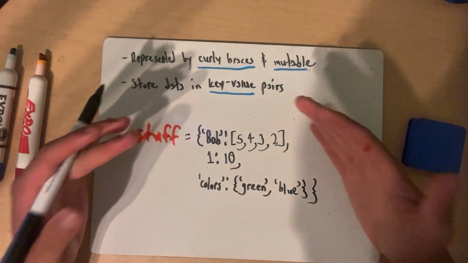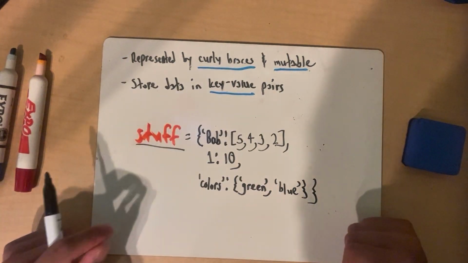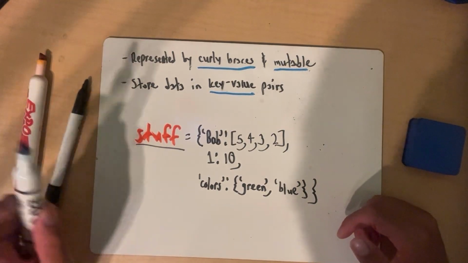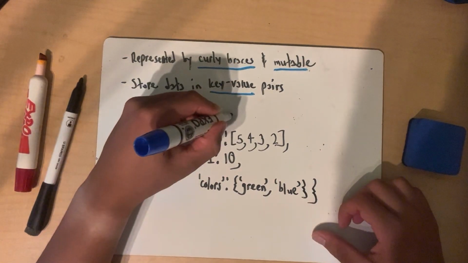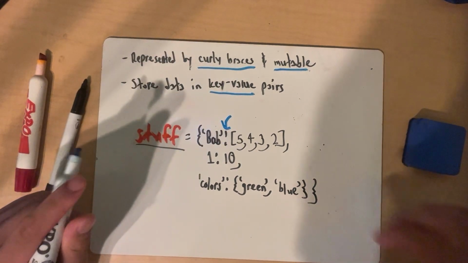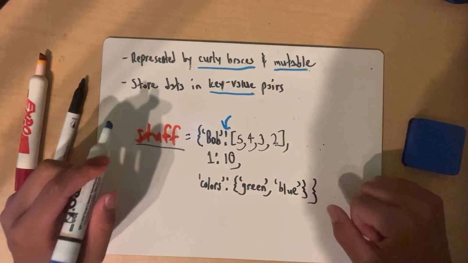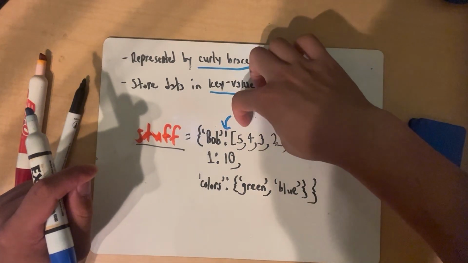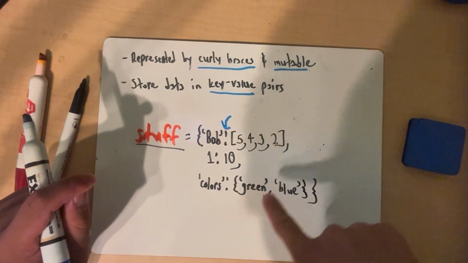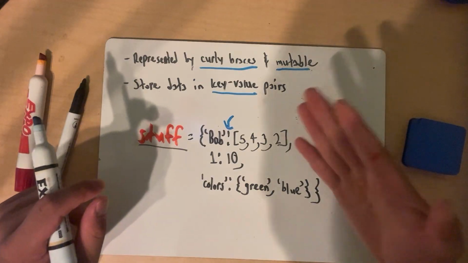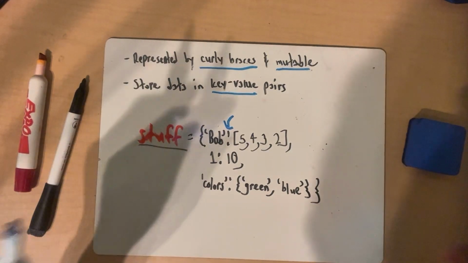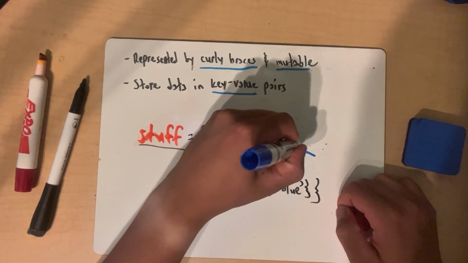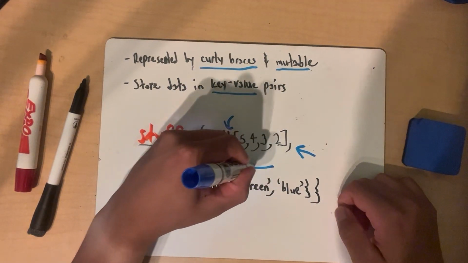Okay, so here's an example of a dictionary called Stuff, and it has 3 key value pairs, and you can see that everything before the colon over here is the key, and everything after the colon, so in this case, it's this list, this integer, and this set, those are the values. And we separate the key value pairs using commas. So comma over here, comma over here.